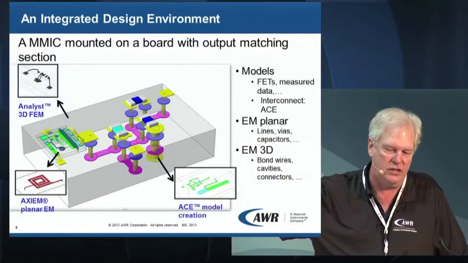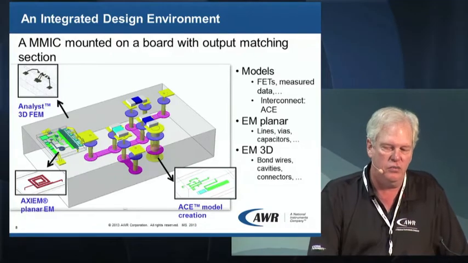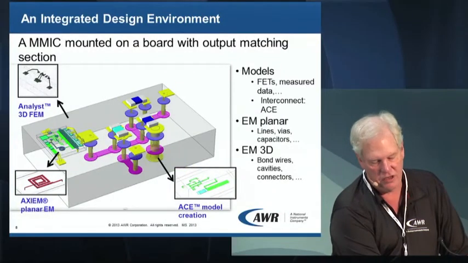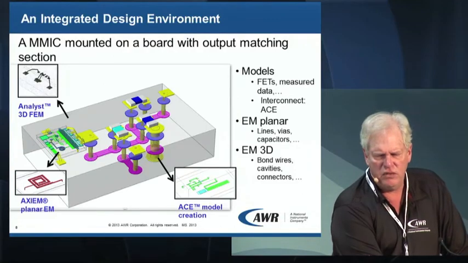Wouldn't you rather just click the button? Sure you would. With the click of a button, you can send it to the planar like that spiral axiom. Notice the bond wires, we can ship them off to Analyst, which is our 3D finite element simulator. Everything in the environment, ease of use, transparency.